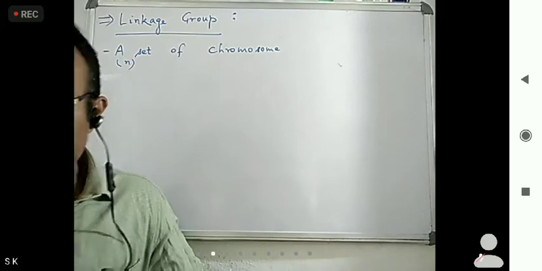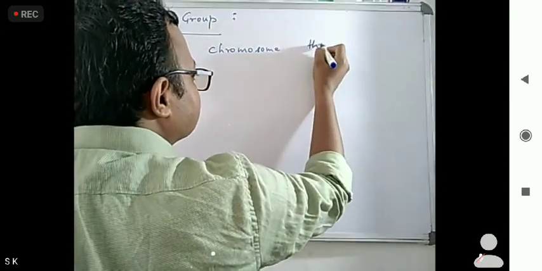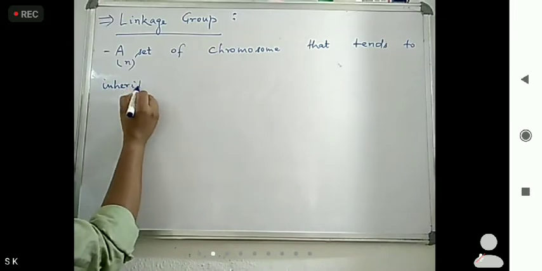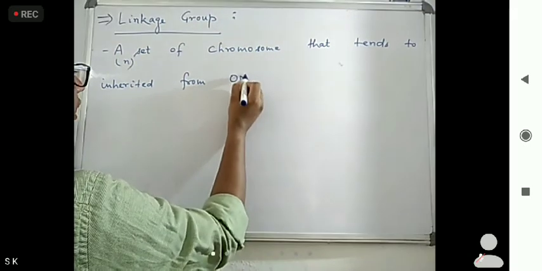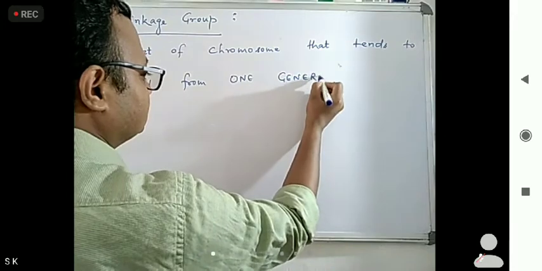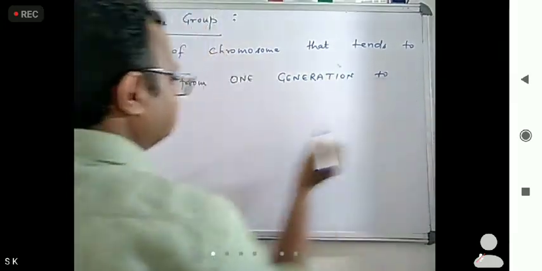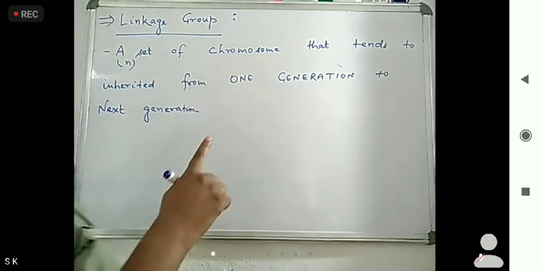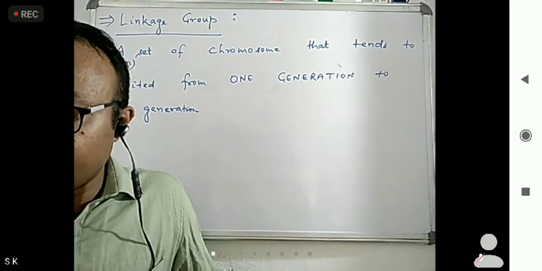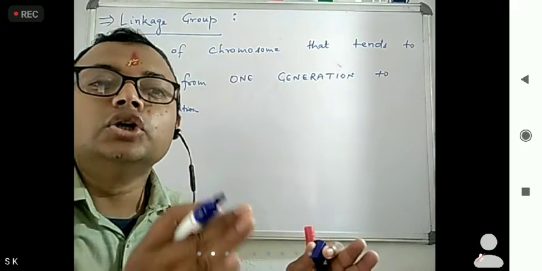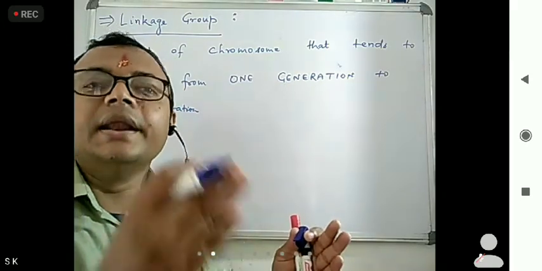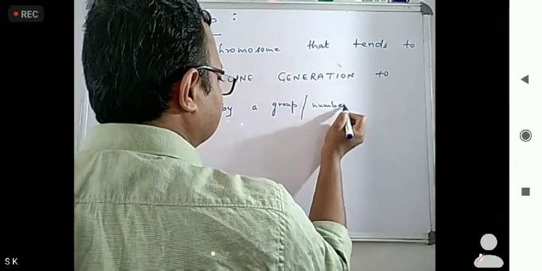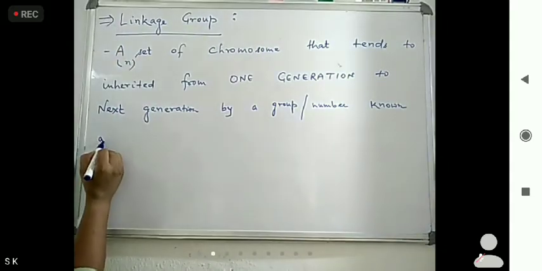A set of chromosomes that tends to be inherited from one generation to the next generation is known as a linkage group.